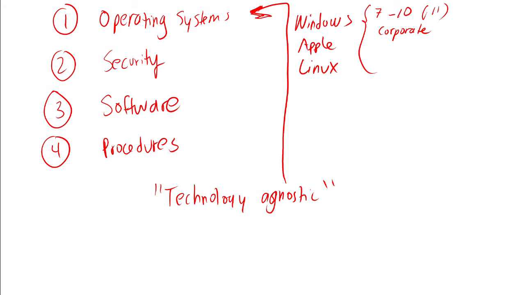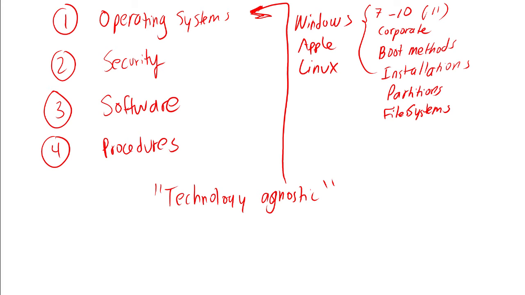I'll look at boot methods, installations, partitions, file systems. Basically, how do you install and upgrade an operating system?